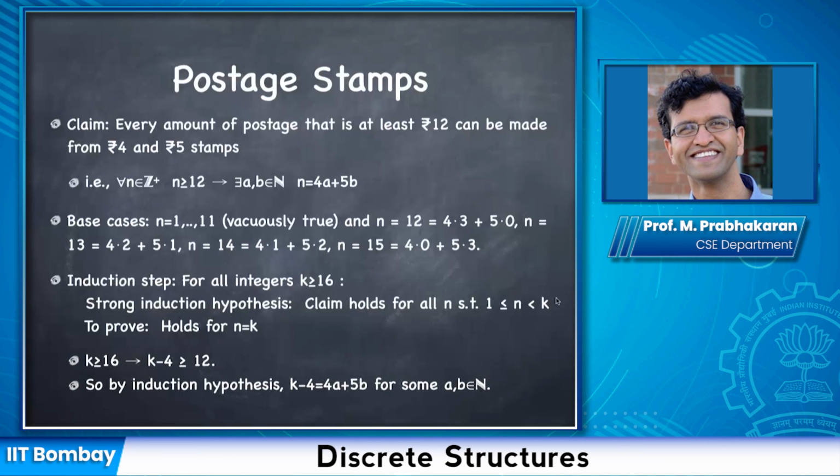So it falls in this range, and further, since it's greater than or equal to 12, it can be written as a linear combination 4a plus 5b. So k minus 4 can be written as 4a plus 5b, so k is just 4(a plus 1) plus 5b. So it's a very easy induction step once you know what you're going to do.